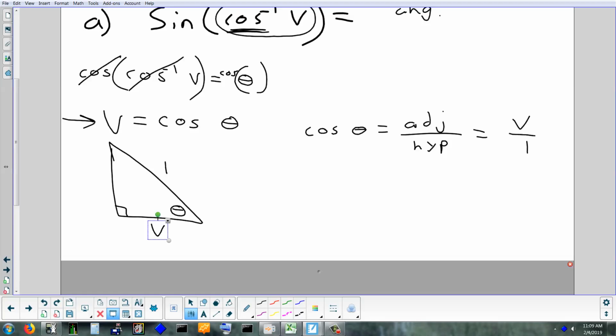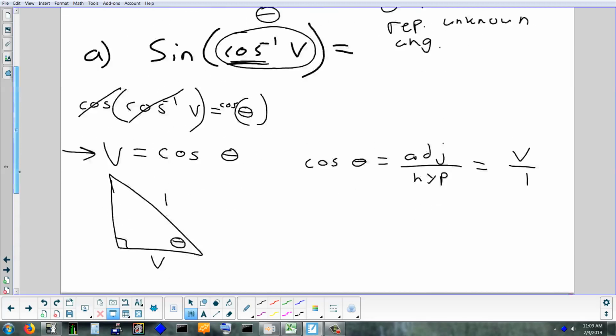Adjacent divided by hypotenuse, v divided by 1 is v. That's exactly what this equation says right here. So here's the picture. Here's the equation that we used to get the picture. Any questions on up to that part? But now we're ready to get the final answer using that picture.